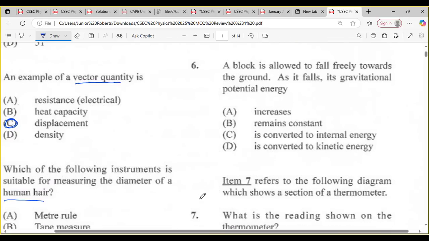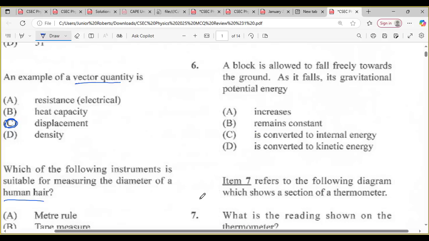Number 6 now says, a block is allowed to fall freely towards the ground. As it falls, its gravitational potential energy. So as the block is falling, we expect its height to decrease. So the gravitational potential energy that the block has due to its height is going to be converted. And the reason why we know it's going to be converted is because we know that energy can neither be created nor destroyed.